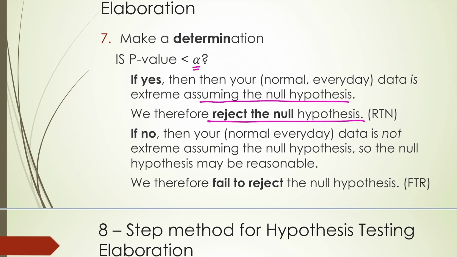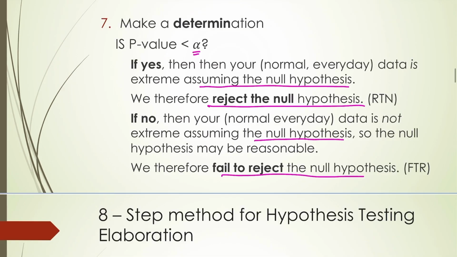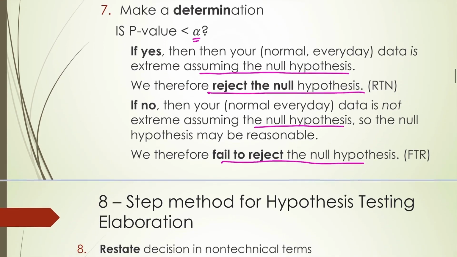If the p-value is bigger than alpha, then your data is not so extreme, even when we assume our null hypothesis, which we're trying to either reject or otherwise. So the null hypothesis may be reasonable. We fail to reject the null hypothesis. That's step 7, make that determination.